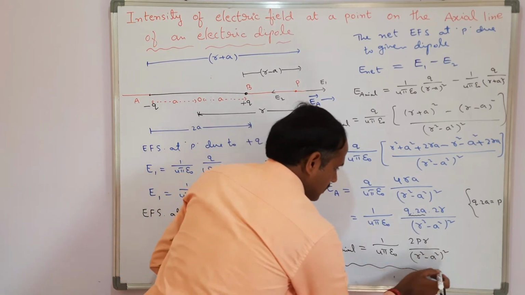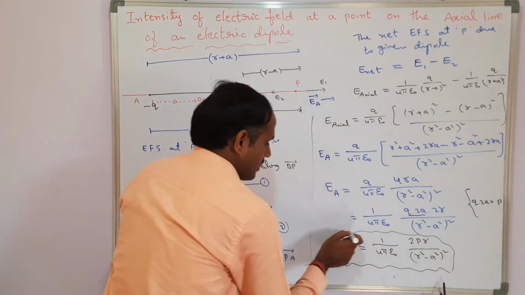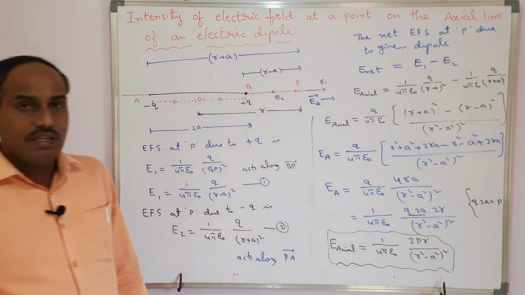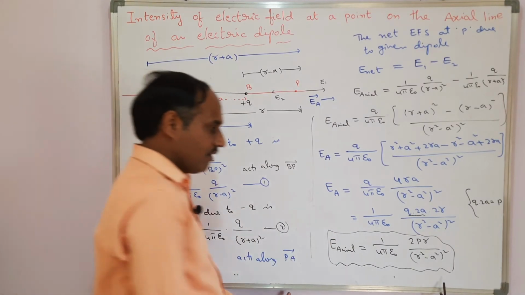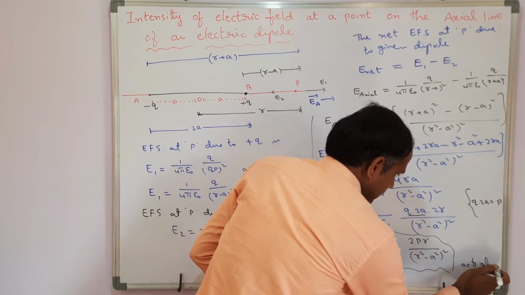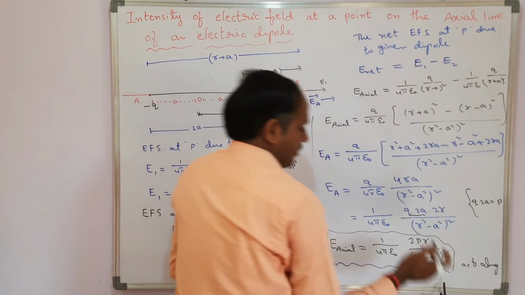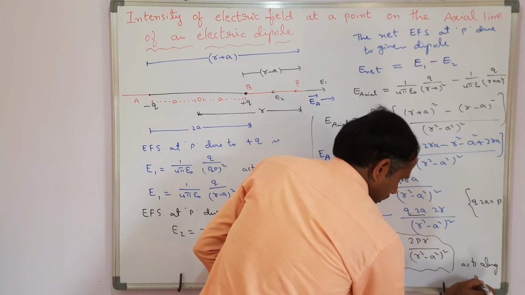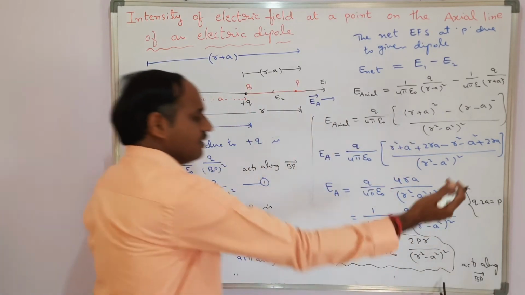This is the expression for the electric field strength on the axial line of the electric dipole, and its direction acts along BP only, otherwise towards rightward.